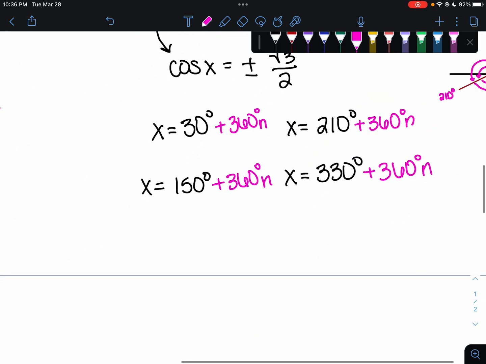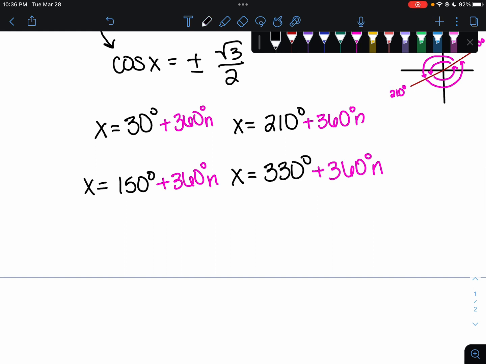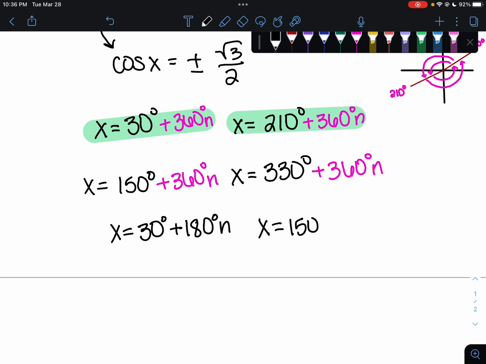What we can do instead is write the answer as 30 degrees plus 180 degrees n. That takes care of the 30 degree angle and the 210 angle. To take care of the other angles, I'm going to do 150 plus 180 degrees n, and that's going to take care of this angle and this angle right here.